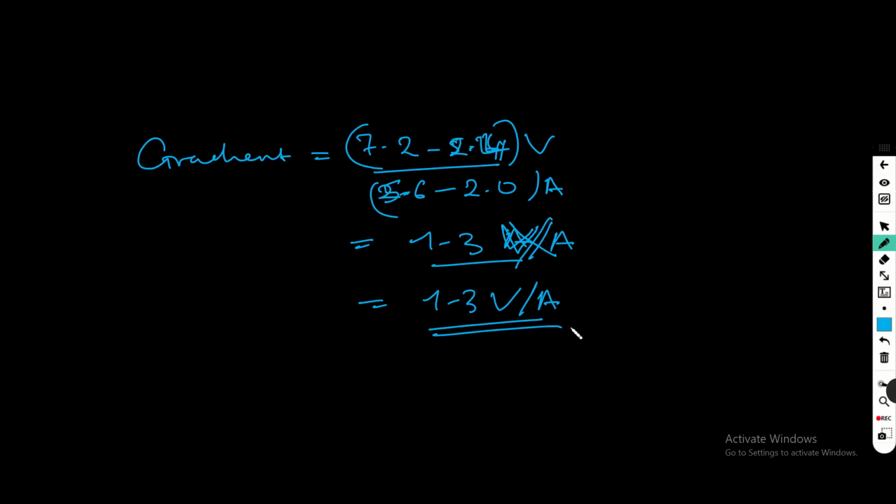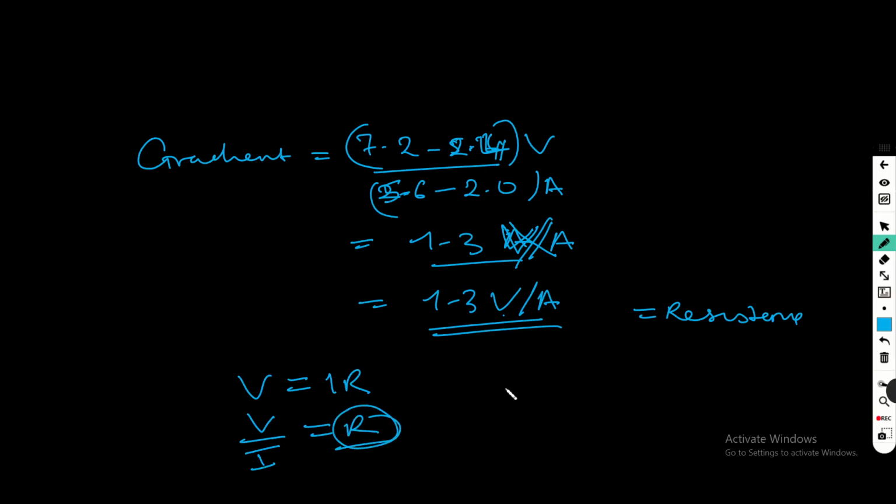So they can ask you, what is the significance of this gradient? This value, voltage over current, gives you a value called resistance. Because from the formula, voltage is equal to IR. So if I do voltage over I, my answer is R. So it means that the significance of the gradient will be resistance.